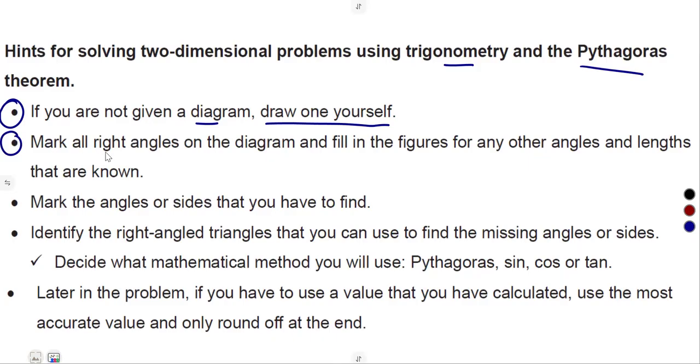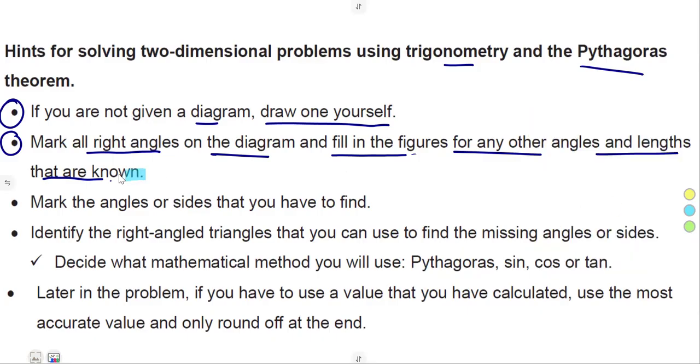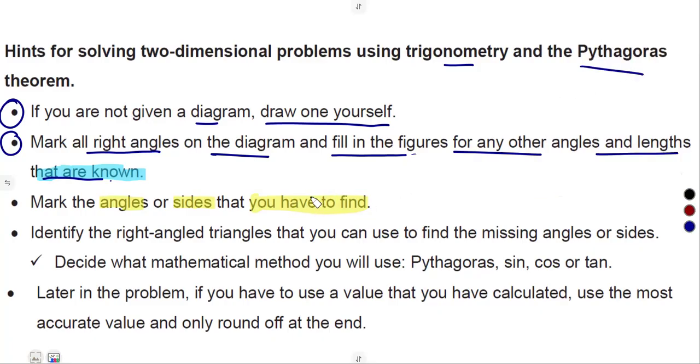Mark all right angles on the diagram and fill in the figures for any other angles and lengths that are known, the ones that are given. You must indicate them, mark them. Then after that, you must mark the angles or sides that you have to find, the unknowns that are to be calculated.